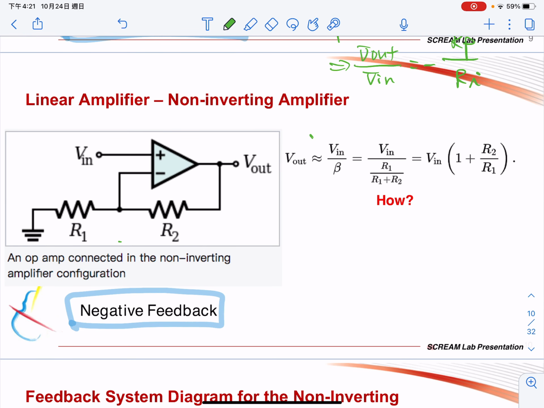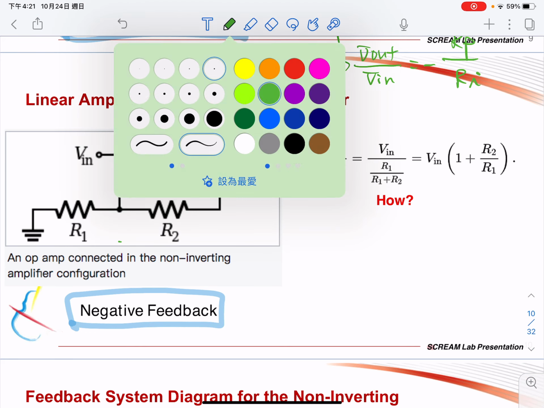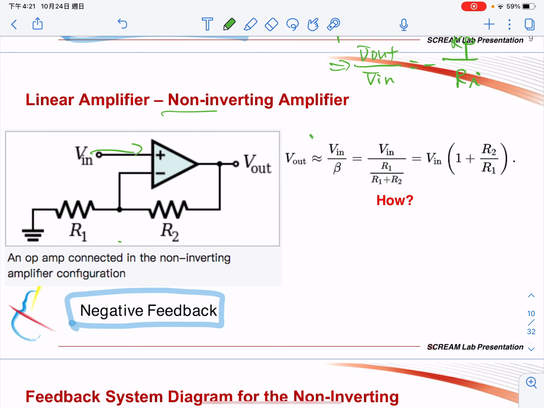Okay. And what about if the input comes in from the positive side? So we call this a non-inverting amplifier. This is a non-inverting amplifier.